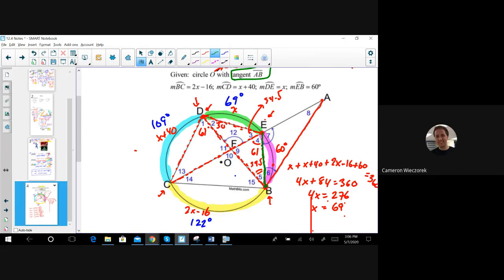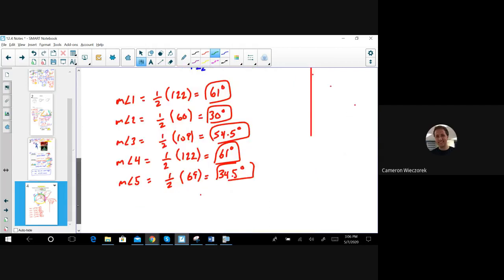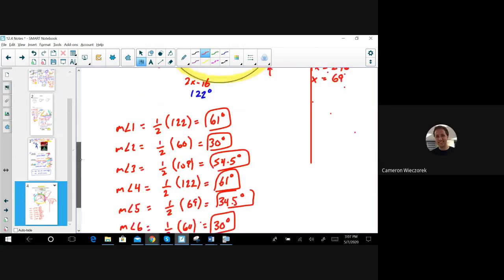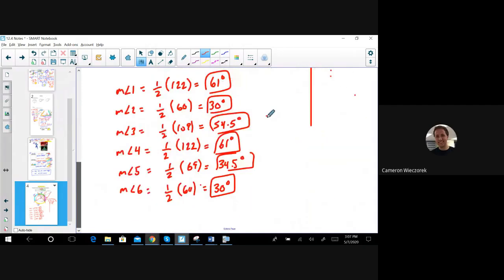The vertex is still on the circle, so I cut it in half. That intercepted arc in between the green chord and the red tangent is 60 degrees, so it's going to be half the measure of that arc, since the vertex is on the circle. Measure of angle 6 is 1/2 of the pink arc, which was 60. So this would be 30.